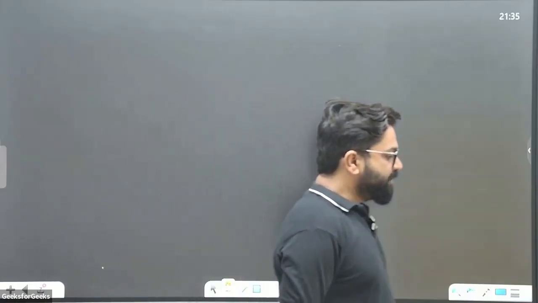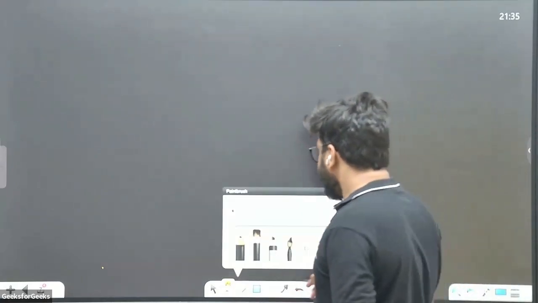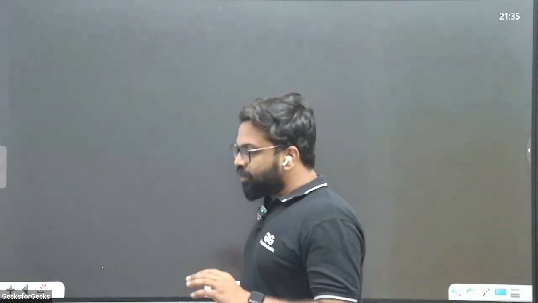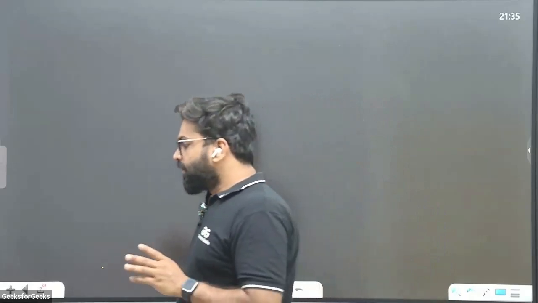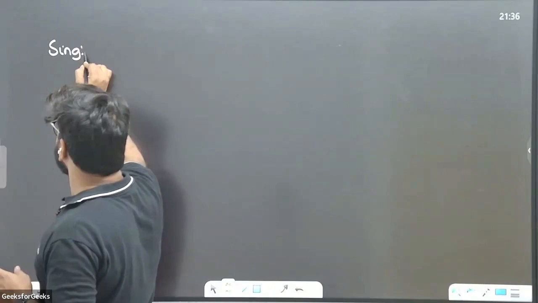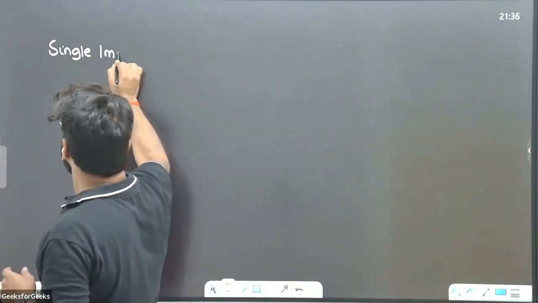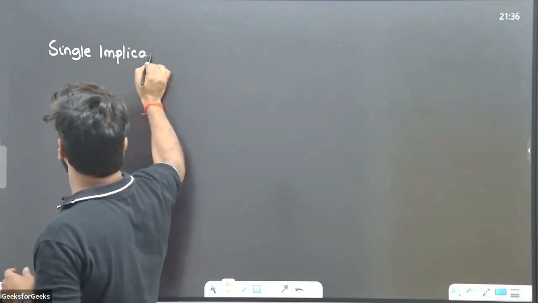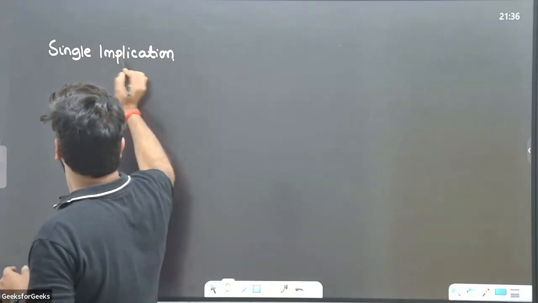The next one is very important, and that is related to single implication. See, what exactly is a single implication? The whole GATE questions revolve around this operator. If you understand the truth table of this operator, then you can understand all. This is related to your single implication.